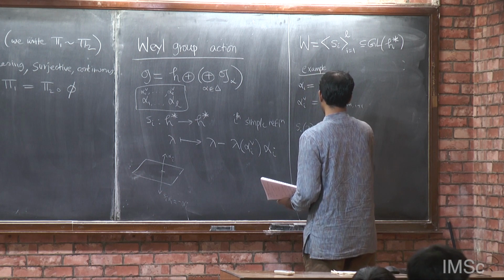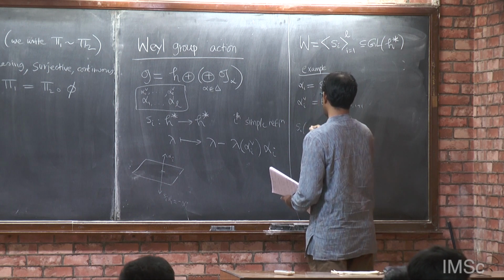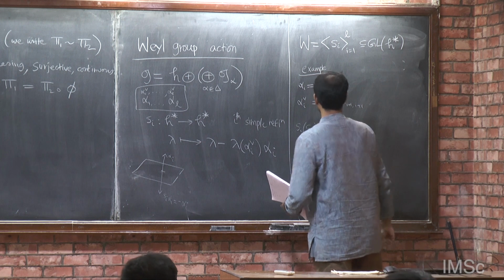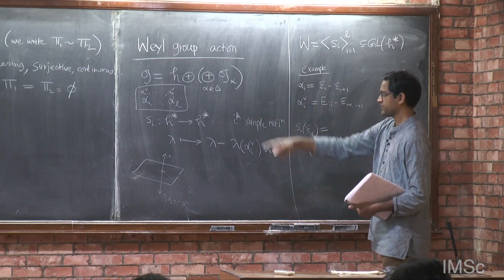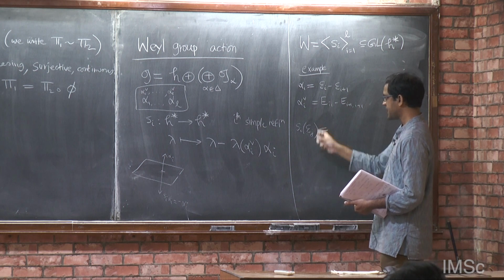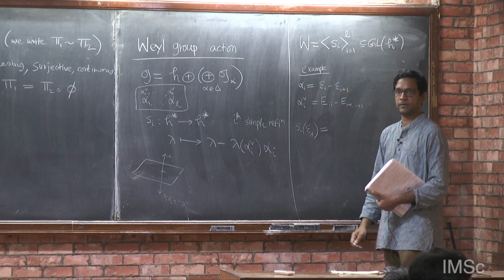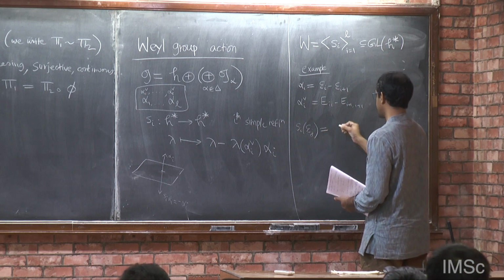Well, we have the formula. So in particular, let's see what it does to the epsilon_j's. s_i will act on any element of H star; in particular, the epsilon_j's, if you remember, span the space H star. So let's compute the action of s_i on epsilon_j.